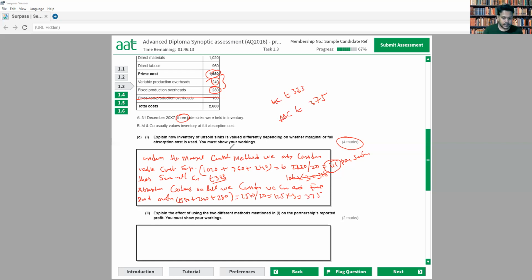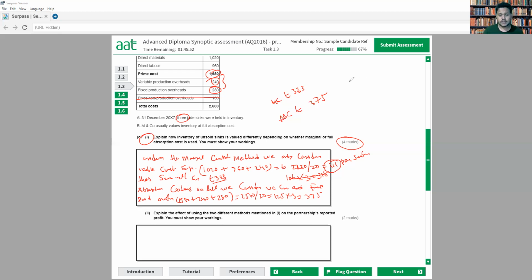The next one is saying, explain the effect of using the 2 different methods mentioned in part 1 on the partnership's reported profit. You must show your working. So they're saying what will be the impact on the profit. So remember that if we use the absorption costing, the profit will always be more. I'll show you how.